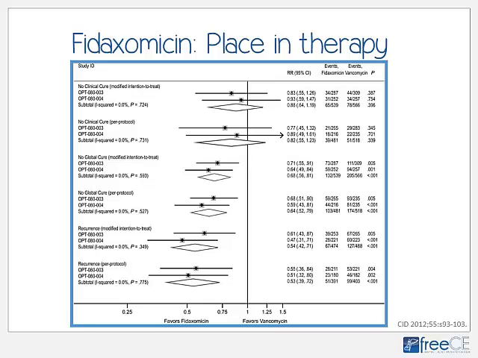So approximately the same number of patients were cured of their Clostridium difficile. In the no clinical cure, looking at the modified intent to treat, also looking at per protocol, the therapy was not favoring Fidaxomicin over vancomycin. Looking at no global cure, it actually favors Fidaxomicin as well as with recurrence. So those are the patients that seem to benefit more from Fidaxomicin in these studies.